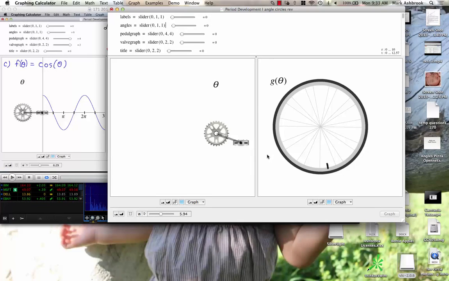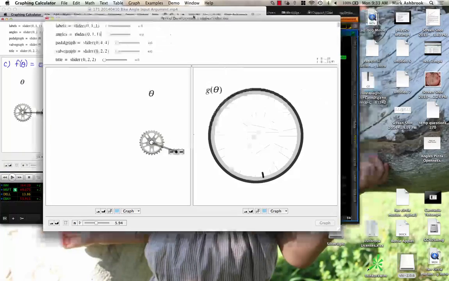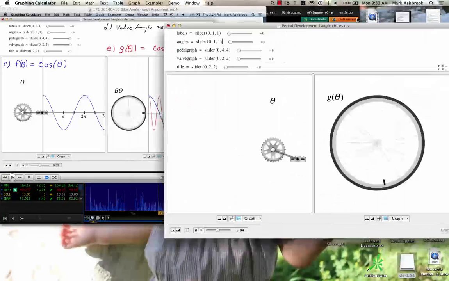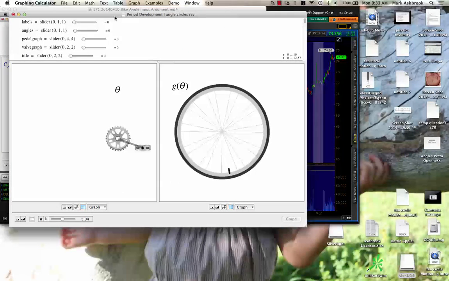On page 279, read the setup of number 4. And then you're going to do C, D, and E.